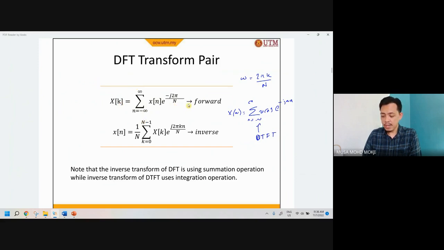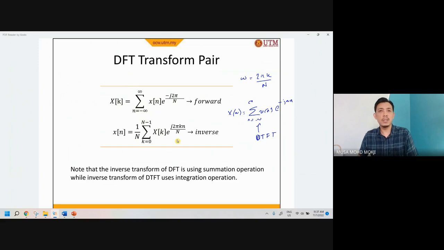So this is what we have, and then this is the inverse formula. Previously, the DTFT formula used integration. But now, because everything is discrete, we can replace the integration with summation, which is easier to compute and implement.